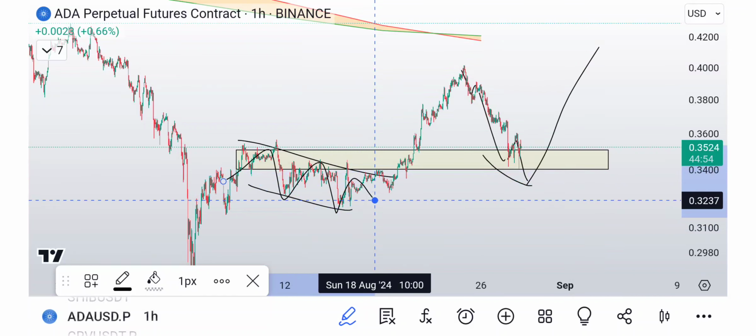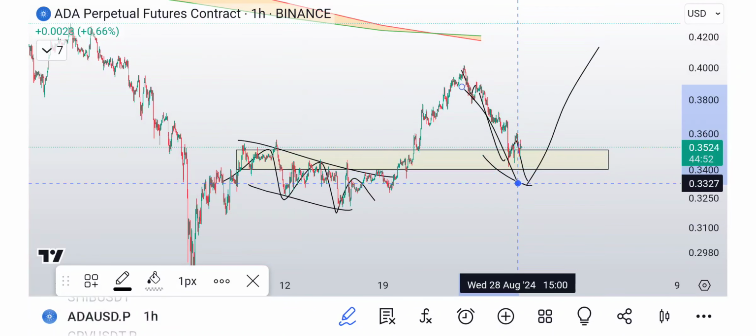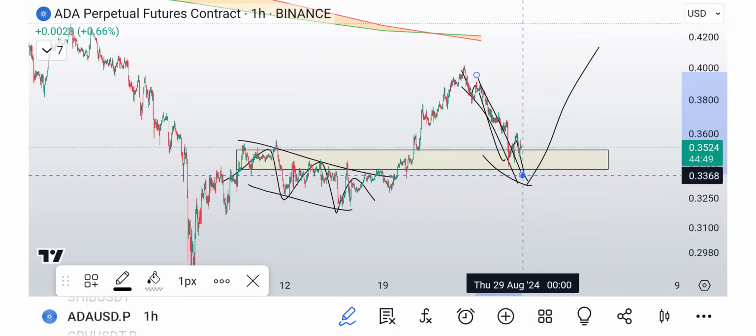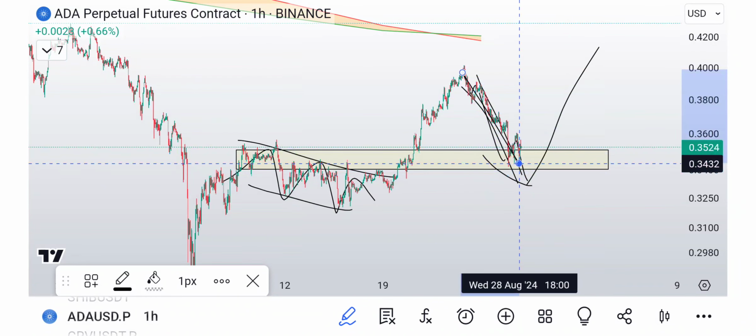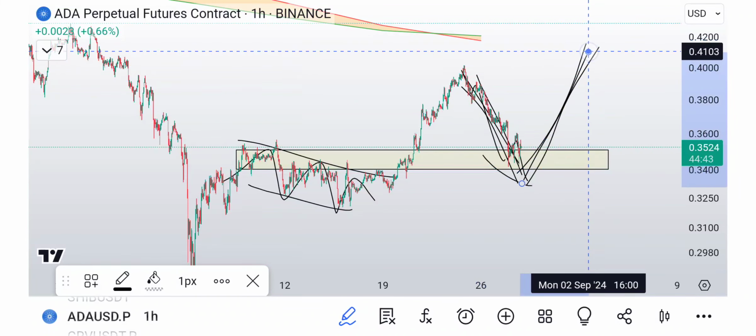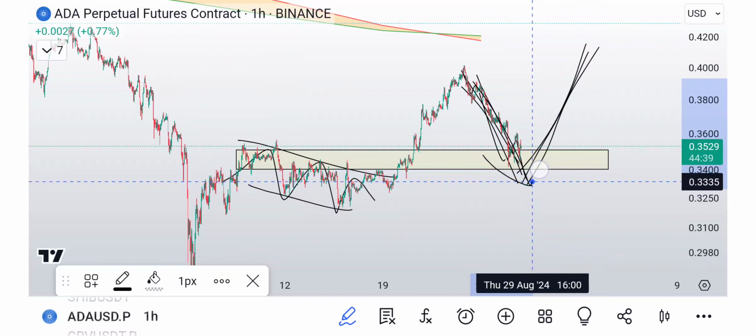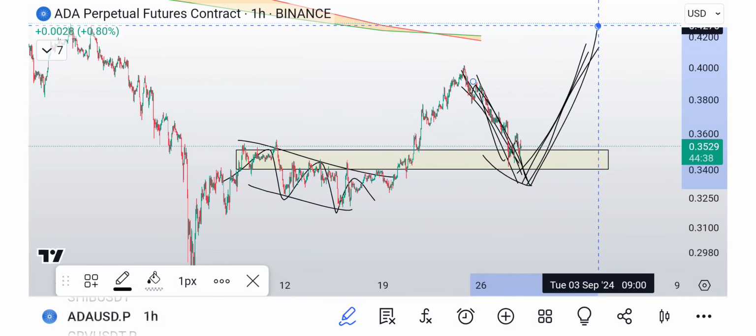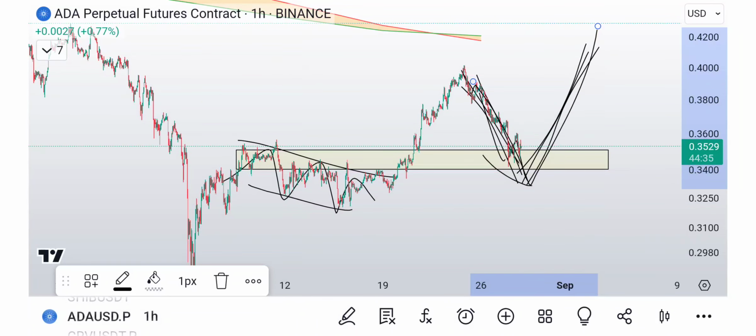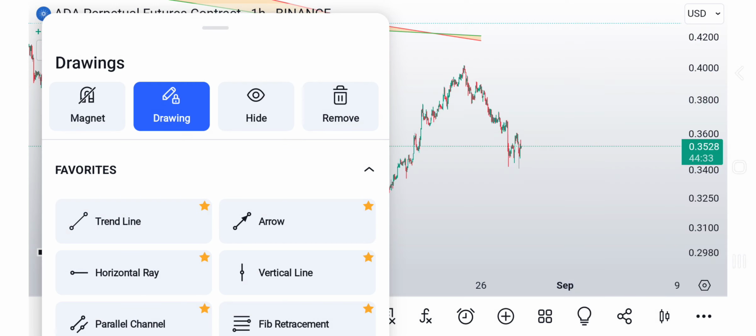So it gave me that look. This looks too corrective. I mean, it looks too impulsive, right? So I'm hoping it's just a liquidity grab before a bigger move up, or just a very fast back test move up, right? But that's kind of the idea for ADA and for really the whole market.